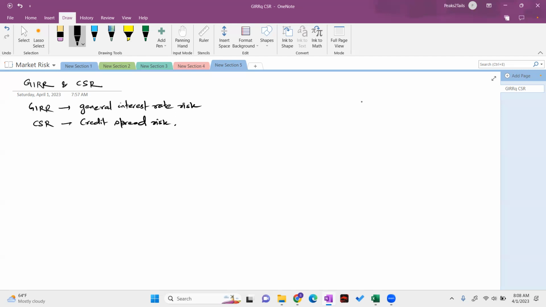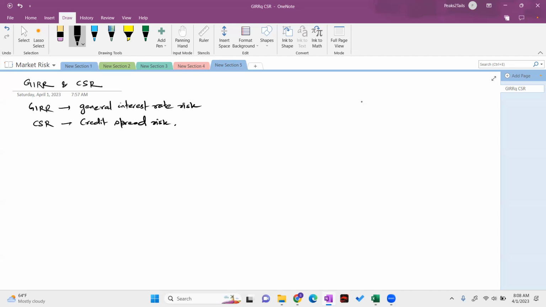Okay, Vishal has a question under CSR. Are we covering securitized, non-securitized? Yeah, so far I have not actually talked about the securitized portfolio. So we have two flavors of it. One is called correlation trading portfolio. The other one is non-correlation trading portfolio. These two fall under securitized products.